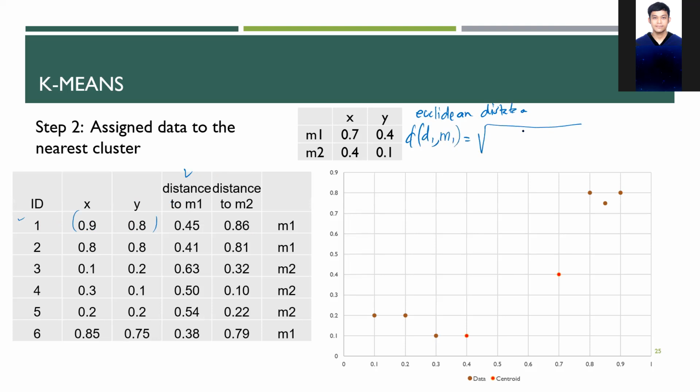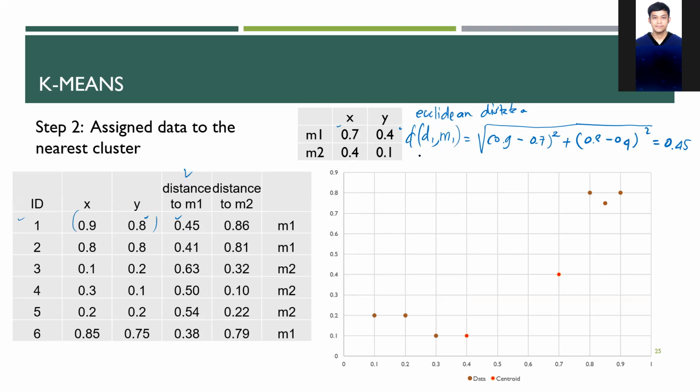I use it like this: 0.9 minus 0.7 squared plus 0.8 minus 0.4 squared. The result is 0.45. So this is the distance from data point 1 to centroid 1.